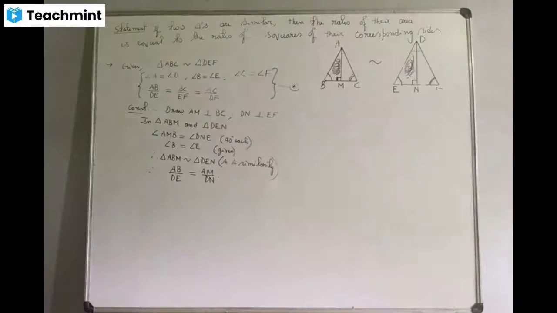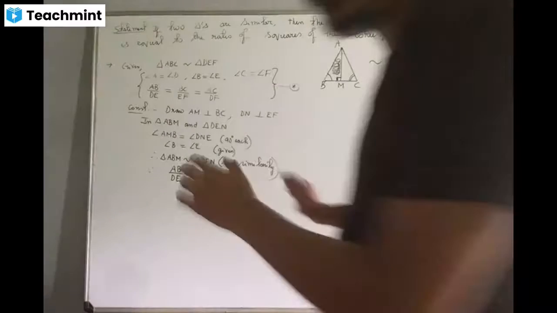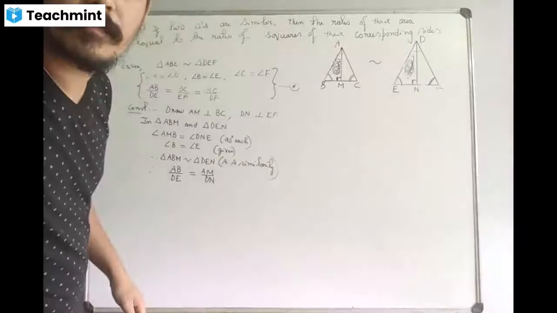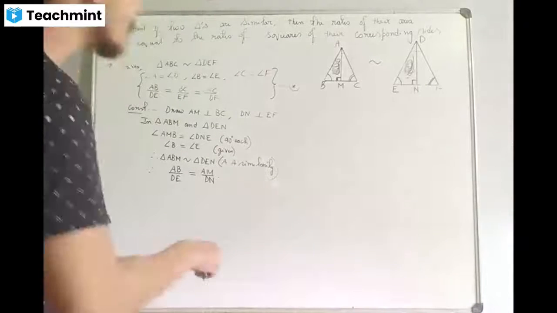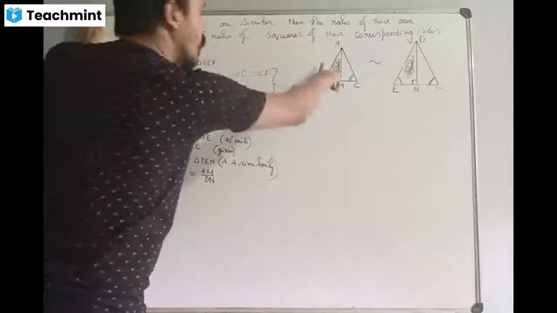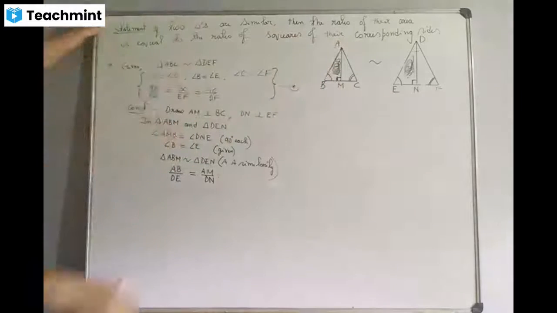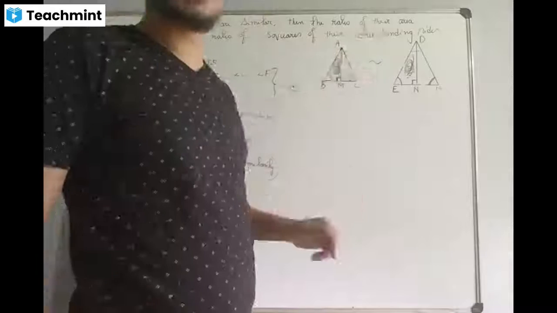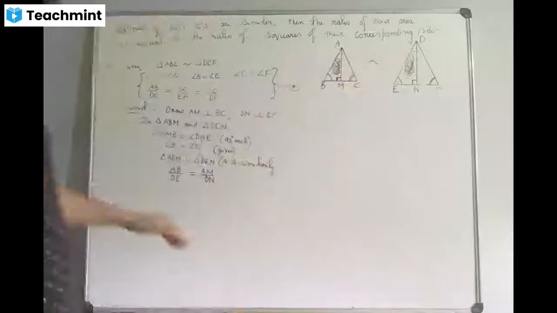Now the next thing, you see very carefully. What I'm going to do is find out the ratio of the area of triangle ABC and DEF.